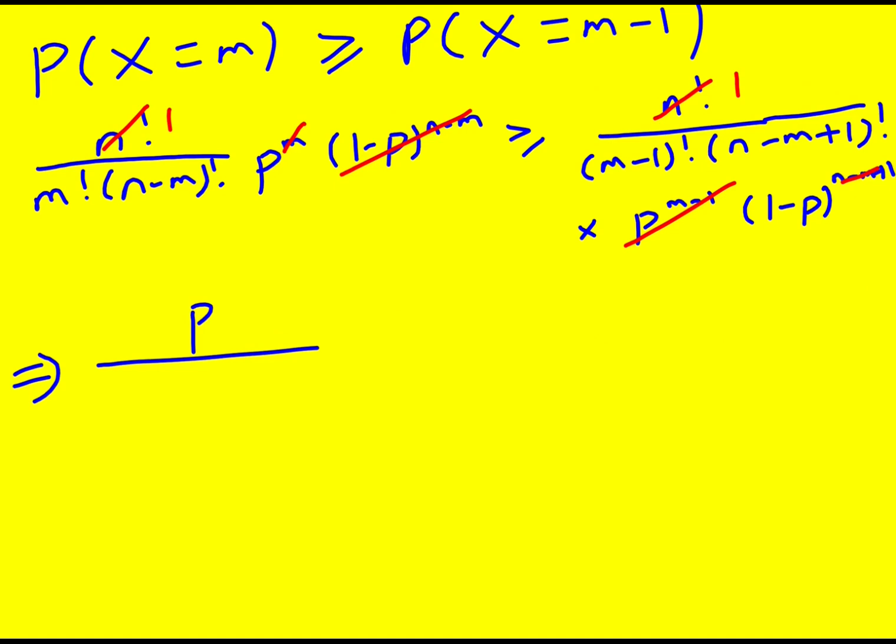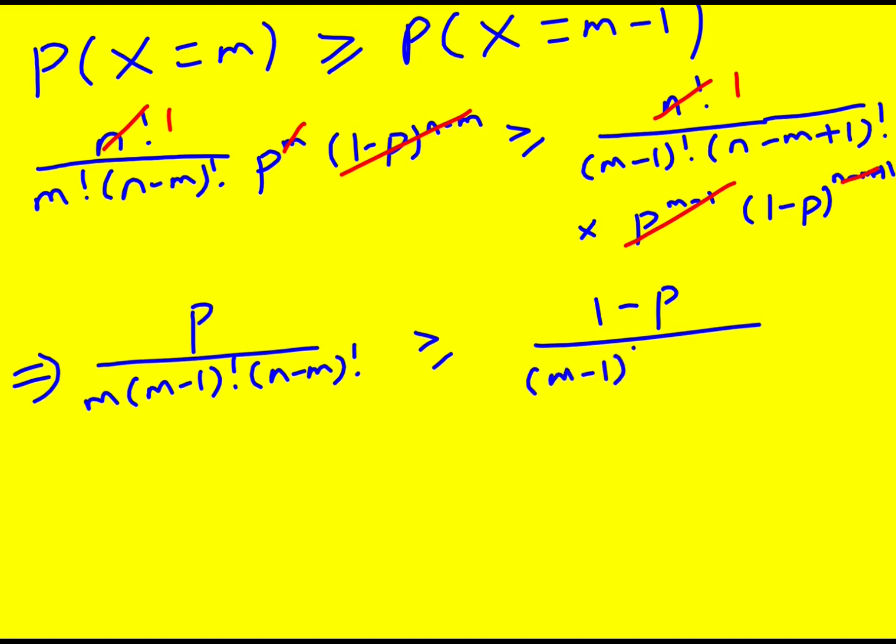Now this time I've got m minus 1 factorial, so it's actually I want to write my m factorial as m times m minus 1 factorial. And this one I'll write as n minus m plus 1 times, oh, I can fit it in, times n minus m factorial.